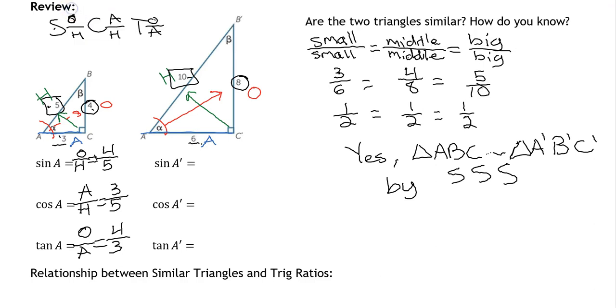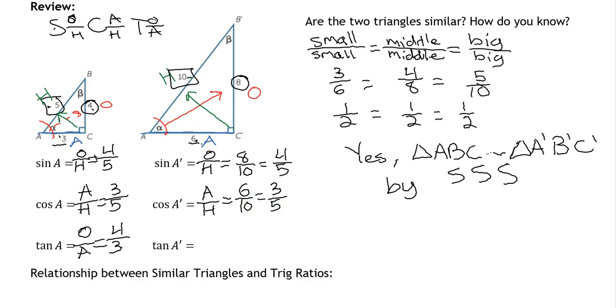So again, sine of A prime is opposite over hypotenuse. My opposite side is 8 over 10. Again, we have to reduce, and that's 4 over 5. The cosine is adjacent over hypotenuse, 6 over 10. Reduce, and that's 3 out of 5.